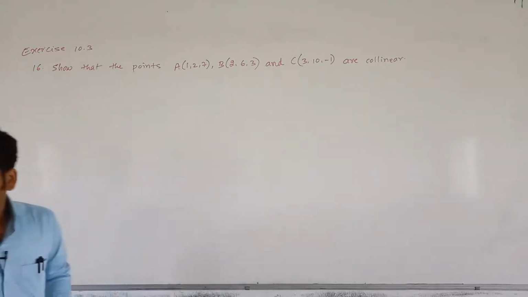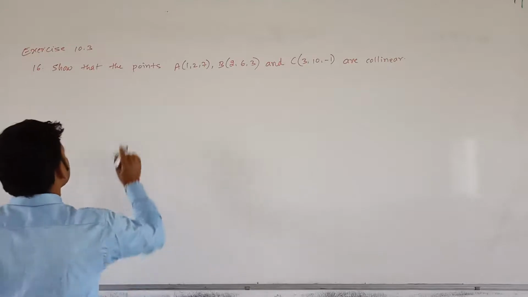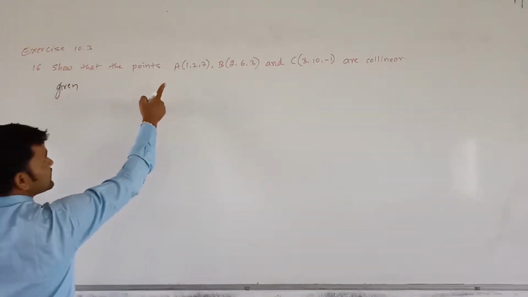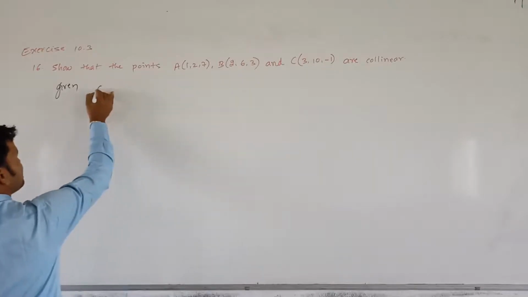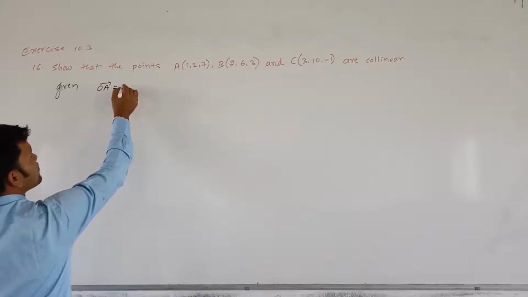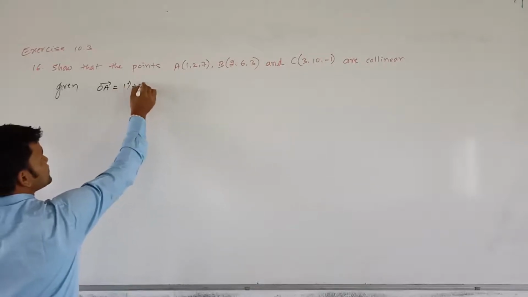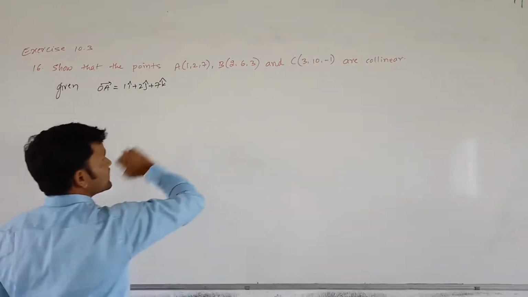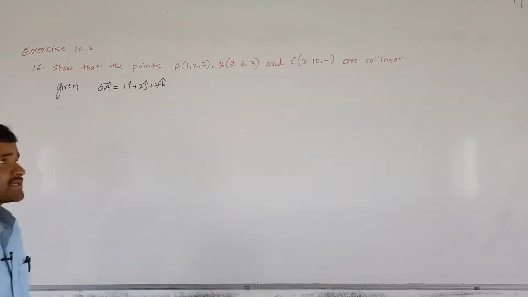Okay. Now, let me write what is given to us first. Given that A has the coordinates 1, 2, 7. That means its position vector will be vector OA is equal to 1i plus 2j plus 7k, and B has the coordinates 2, 6, 3.